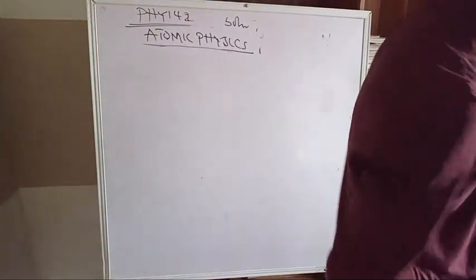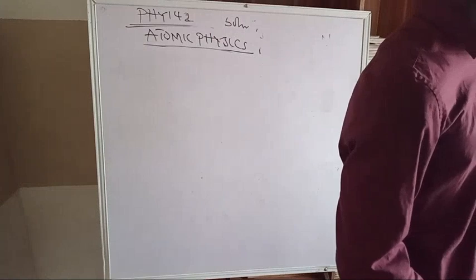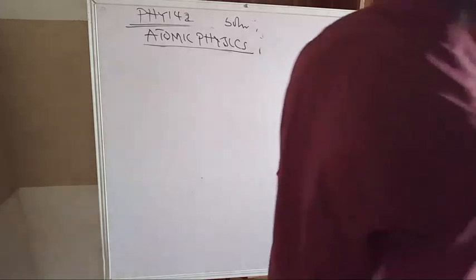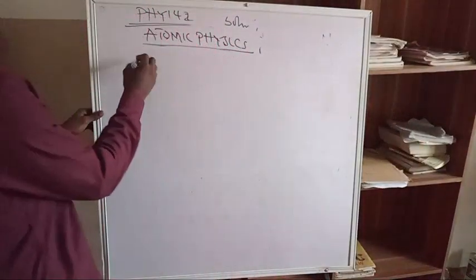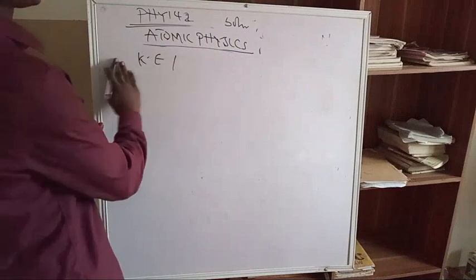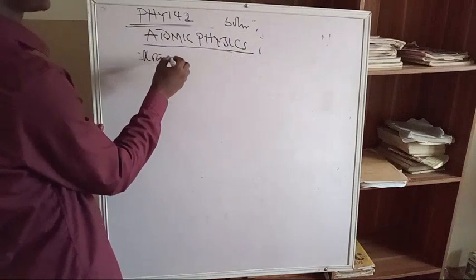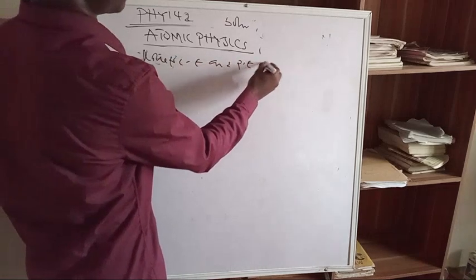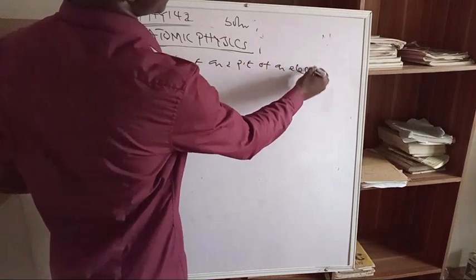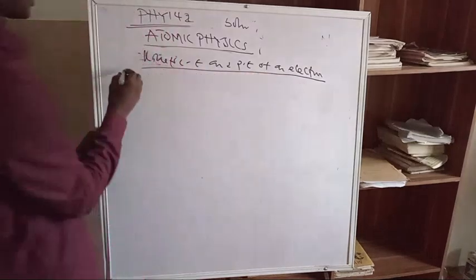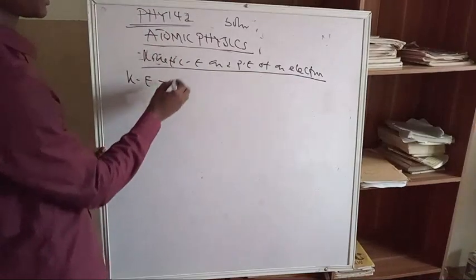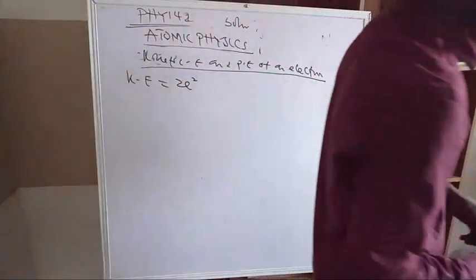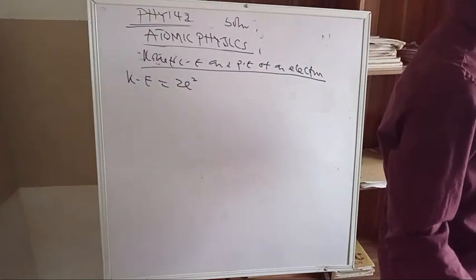So, if you are to determine the kinetic energy of an electron, what are you supposed to do? Kinetic energy of an electron, KE, and potential energy, PE, we can write it. So now your K of an electron is given as Ze squared, where Z is the atomic number, then e there is the electronic charge.